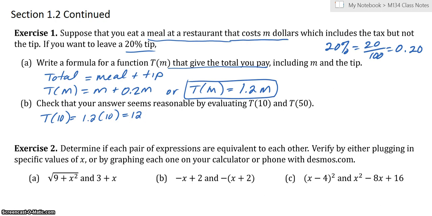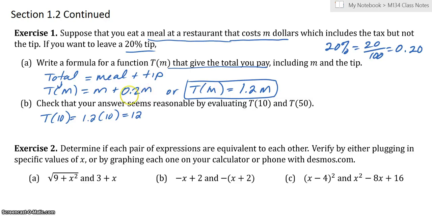If you multiply that on your calculator, you get 12, moving the decimal one place. So $12. Now that is not the tip, that's a total meal, because that's what this one was. And that does seem reasonable. The meal is $10, right? That means the tip would be $2, and the total bill would be 12.